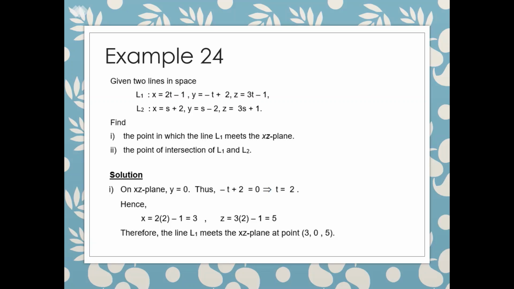Simplify, you will get t equal to 2. Substitute t equal to 2 into the first and the third equation and simplify, you will obtain x equal to 3 and z equal to 5. Combine the x, the y, and the z values together, you will obtain the point (3, 0, 5).